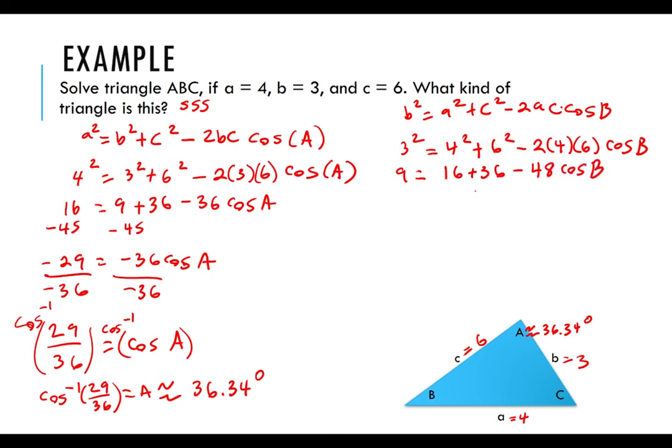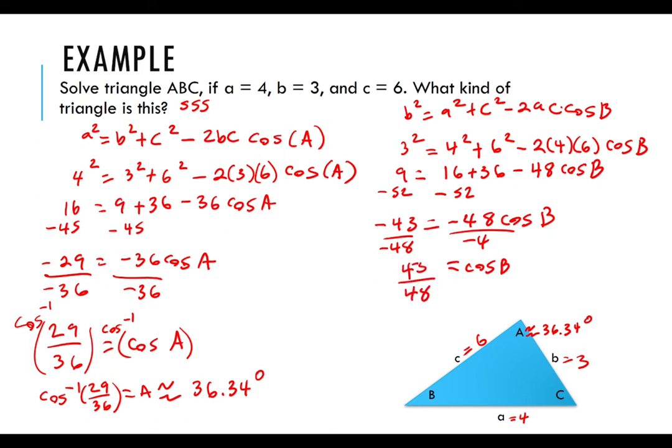I then get 16 and 36 added is 52, so I'm going to subtract 52. I get negative 43 is equal to negative 48 cosine of b. So divide by negative 48. I get that cosine of b is equal to 43/48.